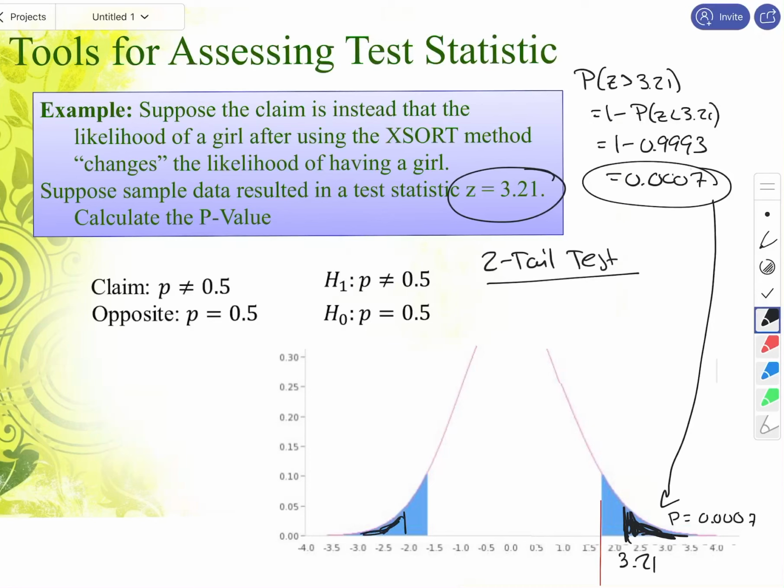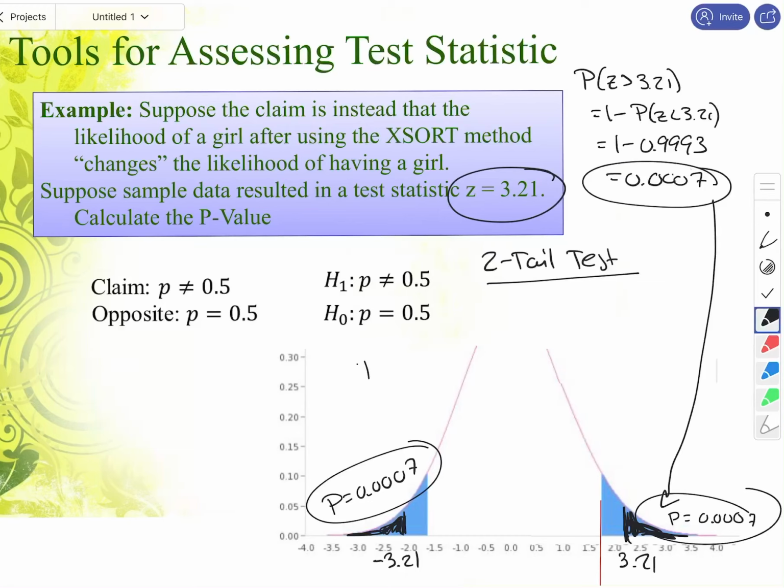However, we have another one, because this is a two-tailed test, on the left-hand side. So this region over here, starting at z equals negative 3.21, which I'm not graphing very well, is also an area of 0.0007. So in a two-tailed test, we have to combine these two.